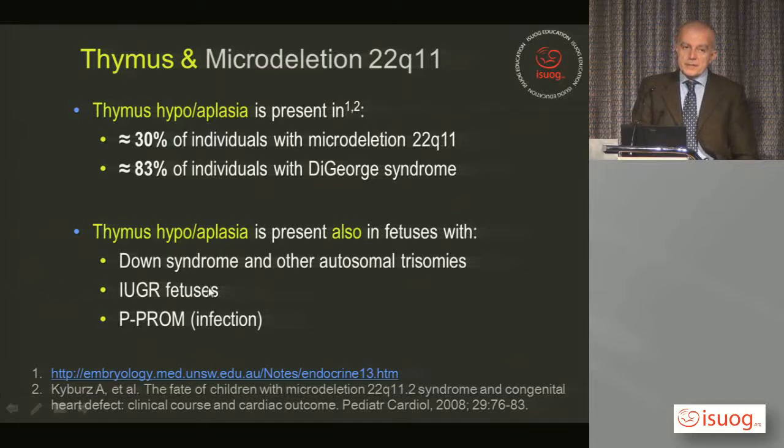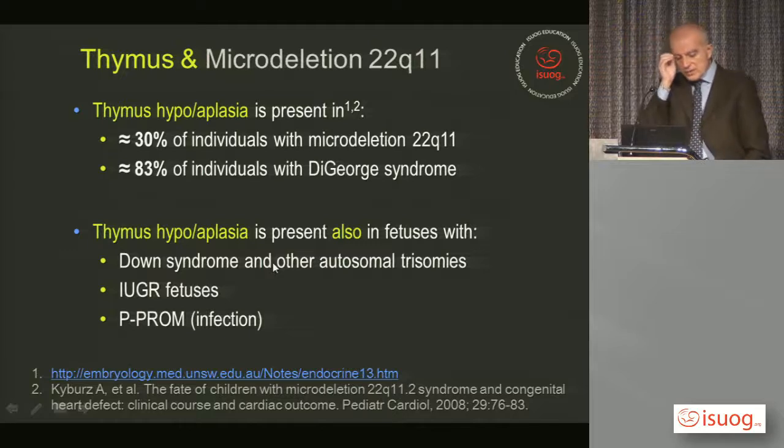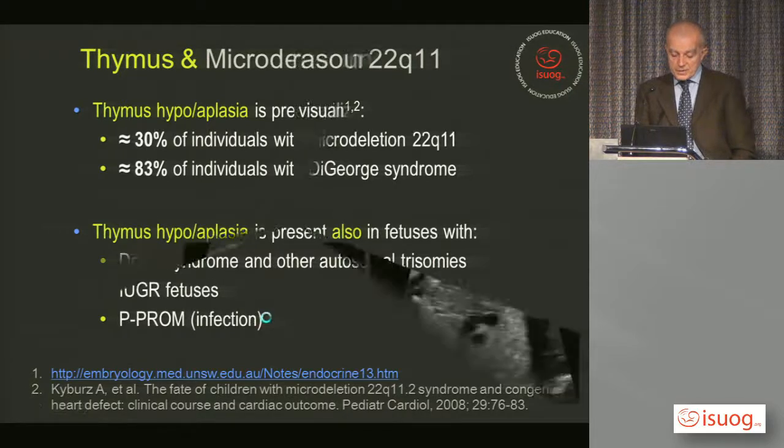We should also consider that it has been described, and there is a paper by Shao as well regarding autosomal trisomies, that thymus hypoplasia has been shown to be present in the fetus in other conditions, such as Down syndrome, IUGR, or PPROM due to infection.